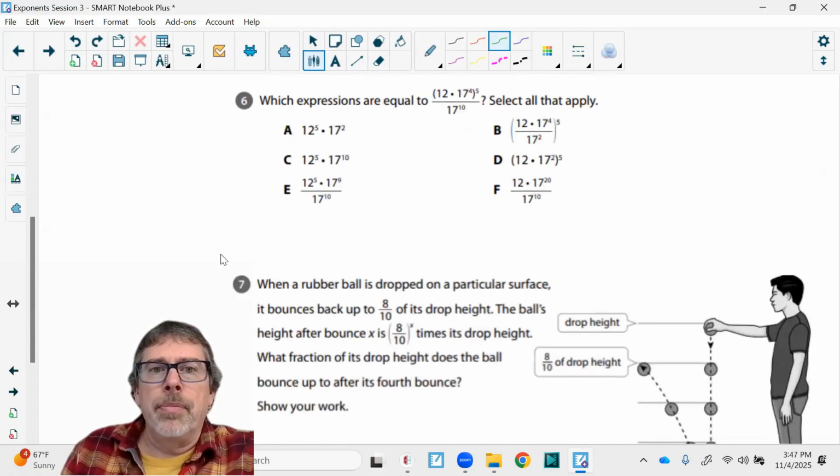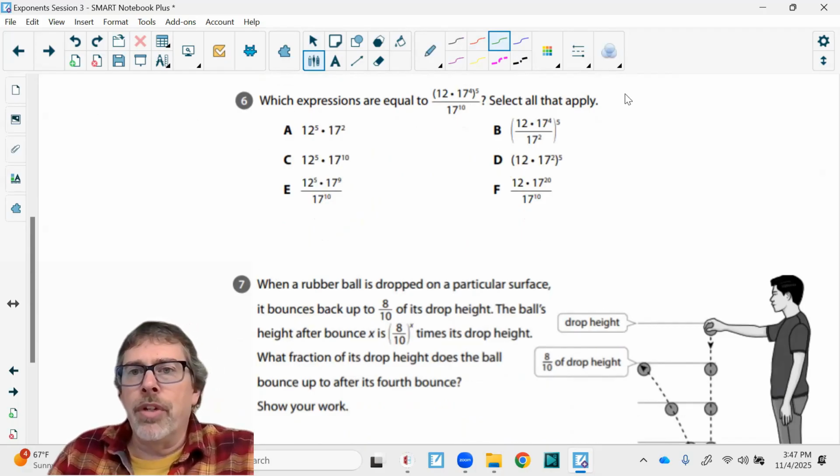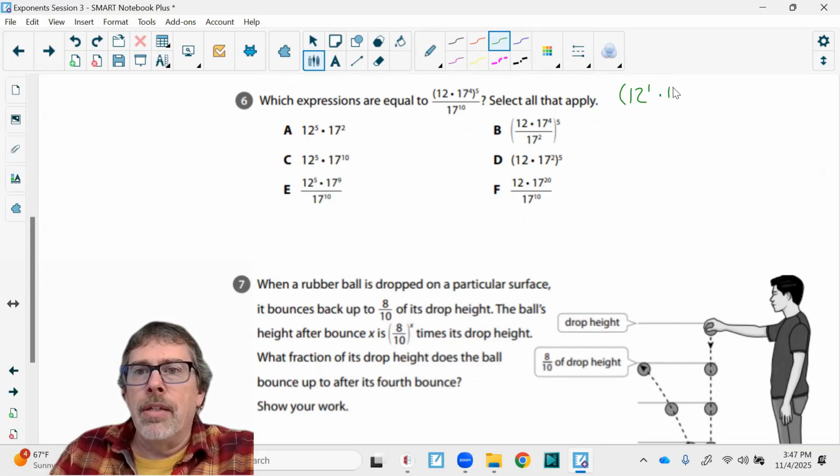Number 6, which expressions are equal to this? Select all that apply. So I'm going to write this over here. It's 12 to the 1 times 17 to the 4, all to the 5th power, divided by 17 to the 10th power.